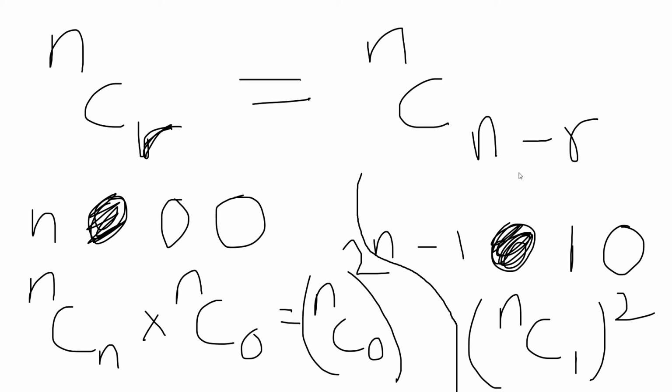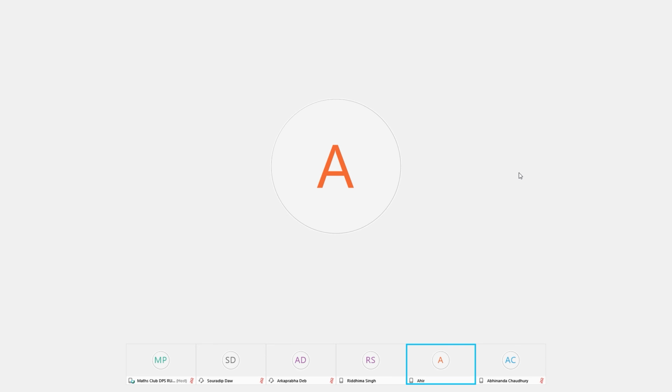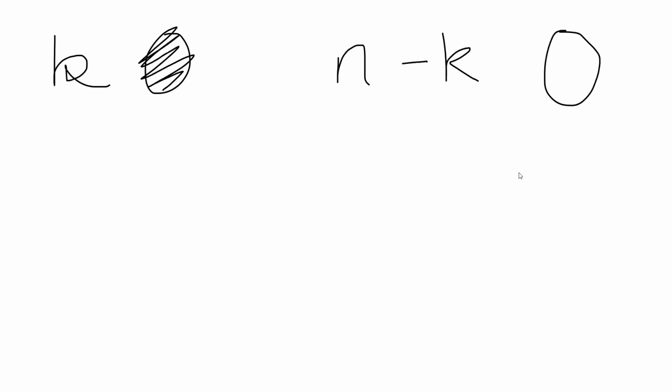Now we'll take a general case. Suppose we choose k black balls and n minus k white balls. So in how many ways can we do this? We can do this in nCk into nC(n minus k) ways, right? Now we have already shown that nCr is equal to nC(n minus r).